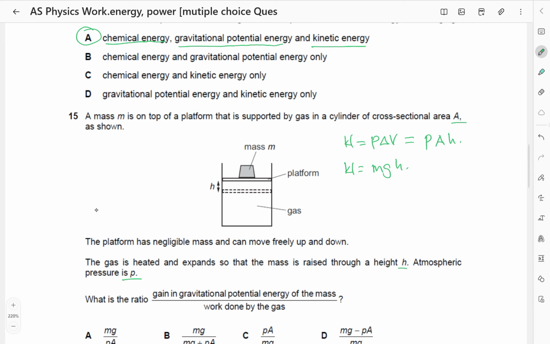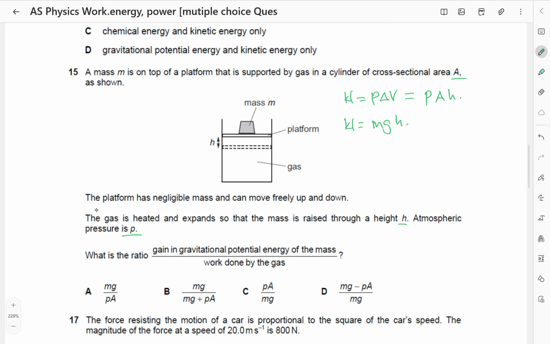So we simply want the ratio. So what is the ratio? Gain in gravitational potential energy. Let me call this one work W1.